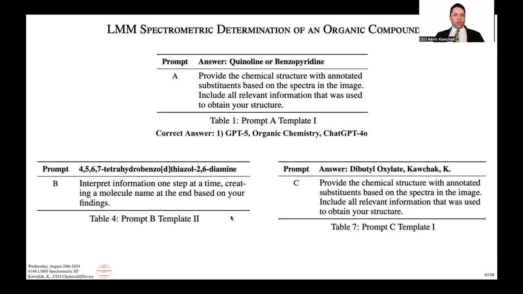And then here's the answer, and I'll show you a structure for prompt B and prompt C coming up here too. I chose 2 different prompt templates, either this 2-sentence one or the shorter one: interpret information 1 step at a time, create a molecule name at the end based on your findings. And they didn't seem to matter, right? They both went through the spectra sequentially, typically.